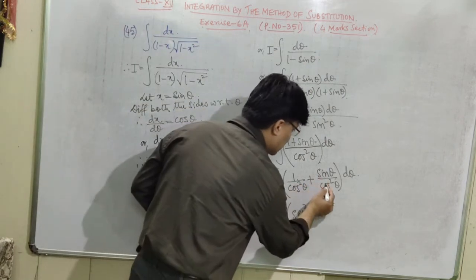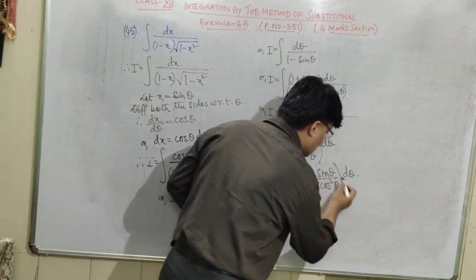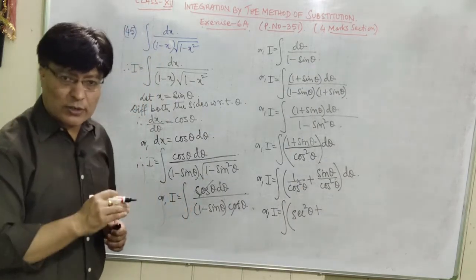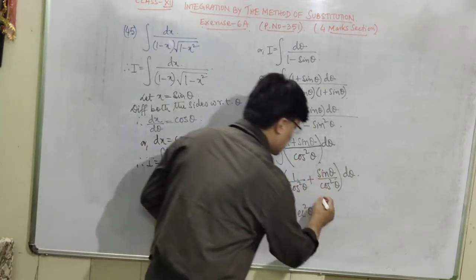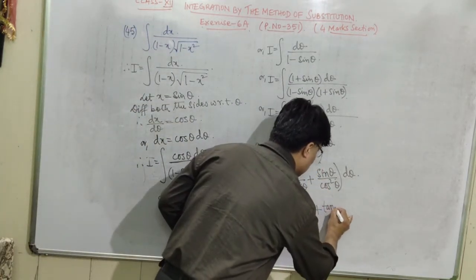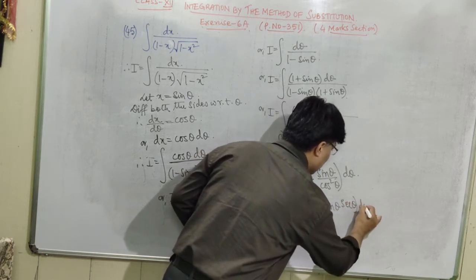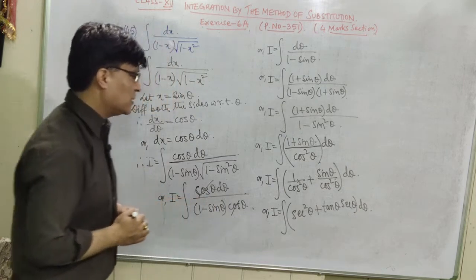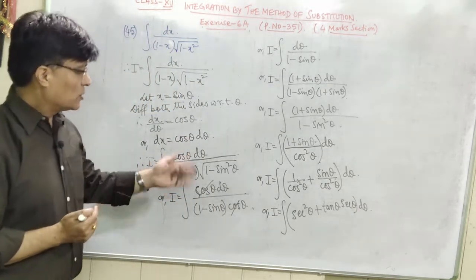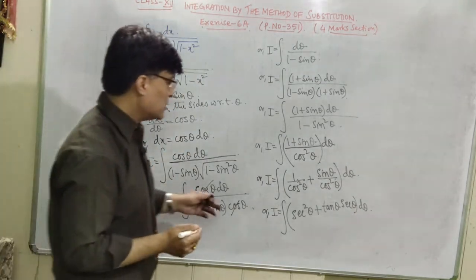First of all, it is sin theta by cos theta, isn't it? Cos square theta can be separated, that is cos theta into cos theta. So what is sin theta by cos theta? It is tan theta. And what is 1 by cos theta? It is sec theta. Bracket closed. Then you can write d theta. So is that clear to all of you? Now we can separate the term.